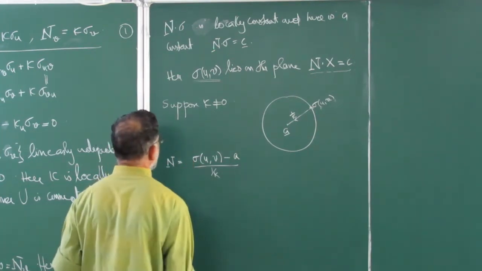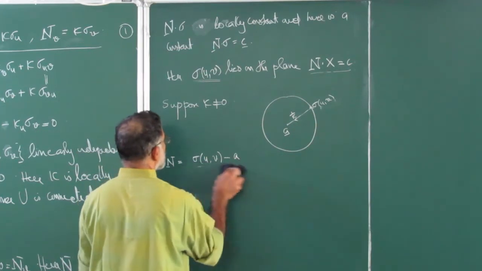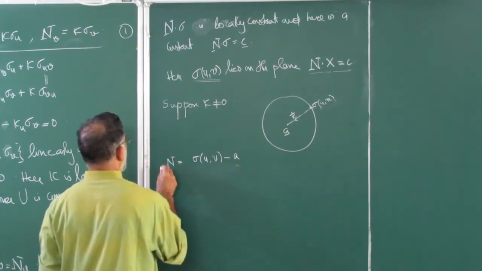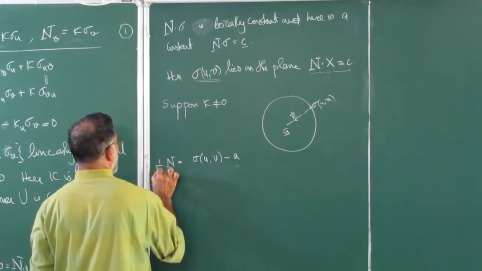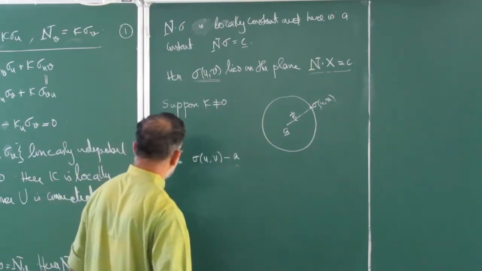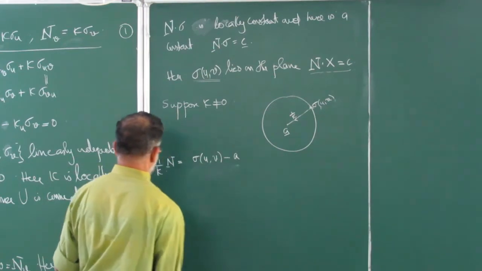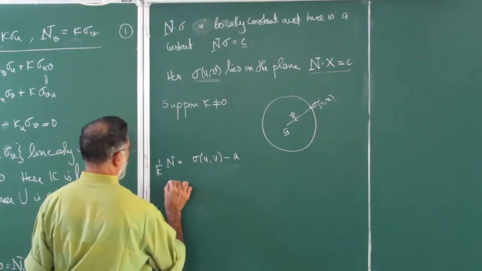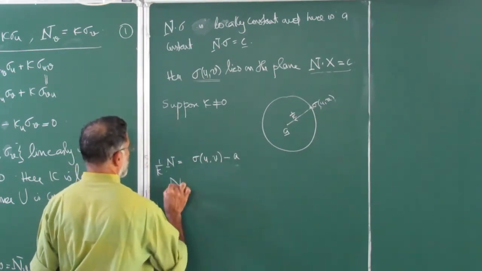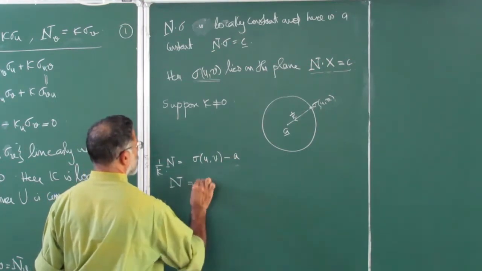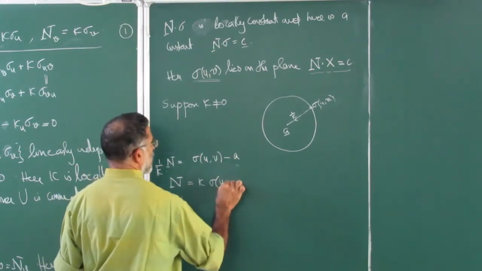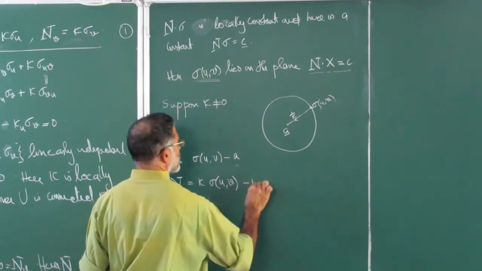So what you do is, let's move this into this. So 1 upon kappa, n is equal to kappa sigma uv minus kappa a.